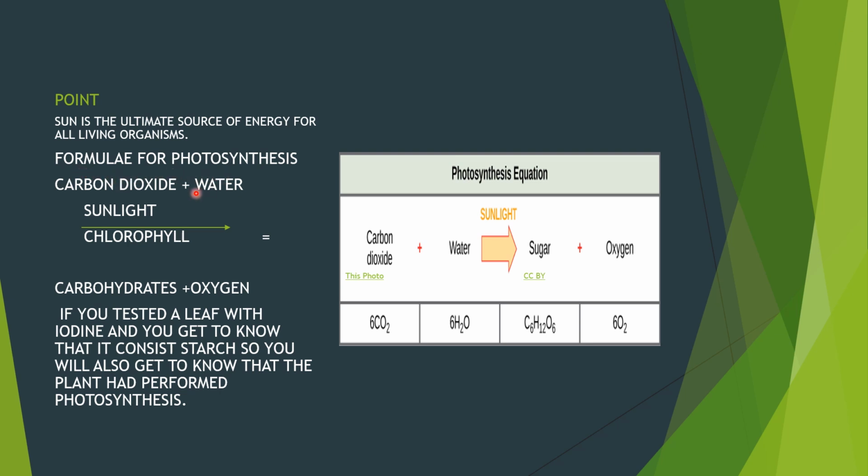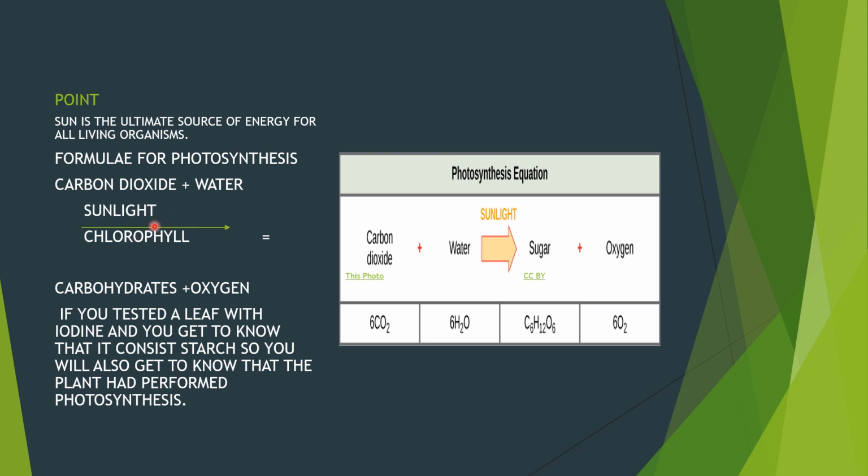Formula of photosynthesis: carbon dioxide, which comes from the air, plus water. Obviously, if we have a plant in our house, in a pot, we would water it every day. So it contains water and soil, and the stem pushes the water up to the leaves.